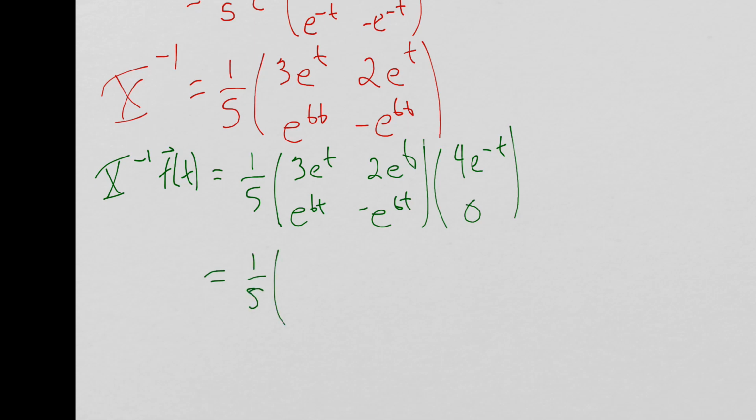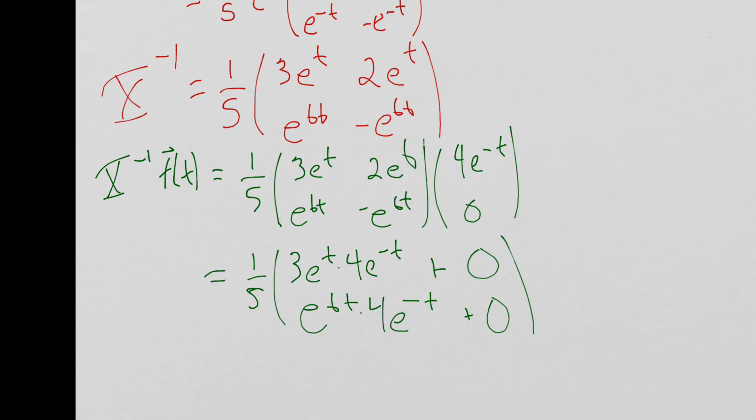Remember, when I multiply, I go across and down, across and down. This gives me, I will write this one all the way out, 3e to the t times 4e to the negative t, plus the next product is going to give me 0. And then I get e to the 6t times 4e to the negative t, plus the next product is going to be 0.